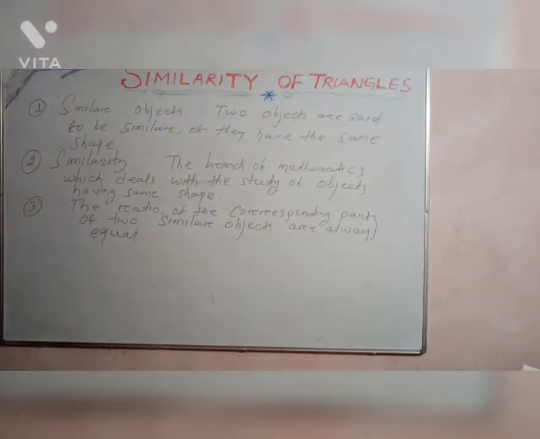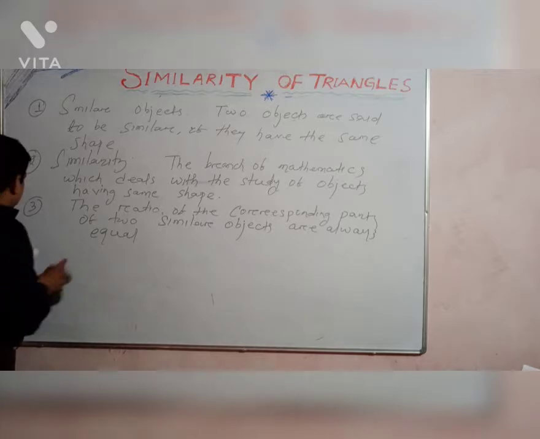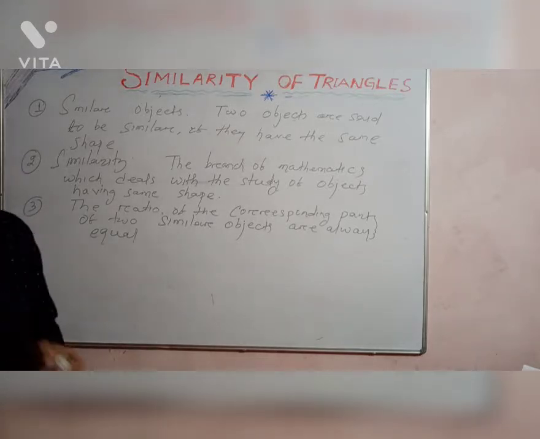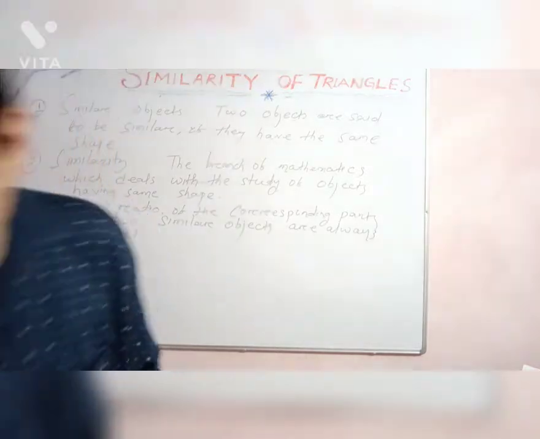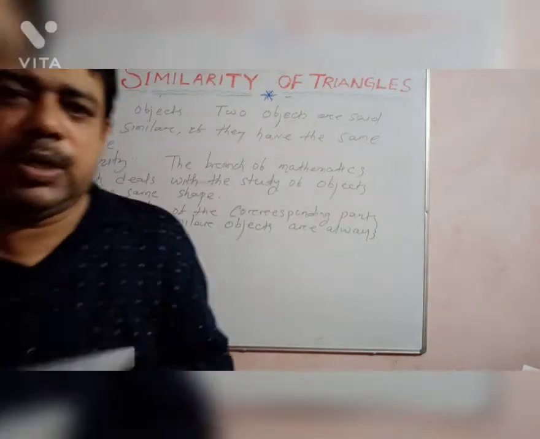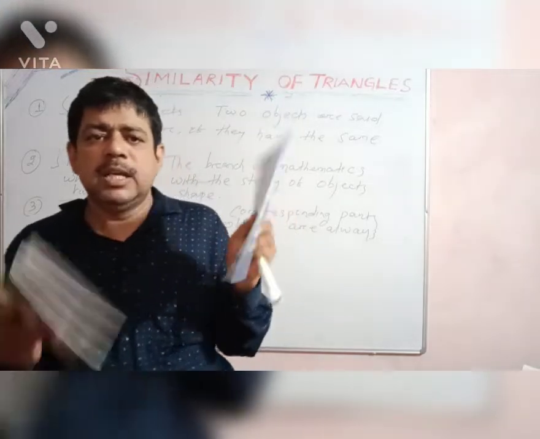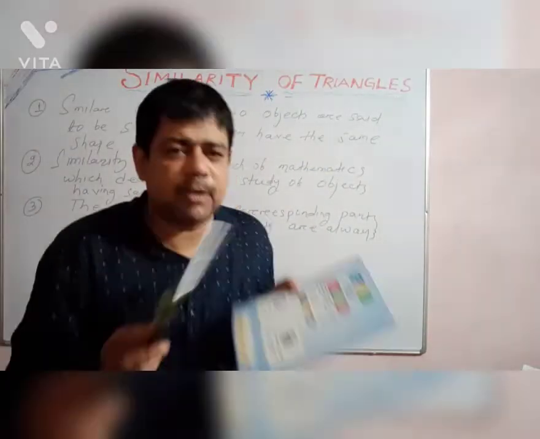Understand? Let us consider the similarity of triangles. Here, you see this notebook. Are you able to see? This is a notebook for you, and this is another notebook. What are you finding here?